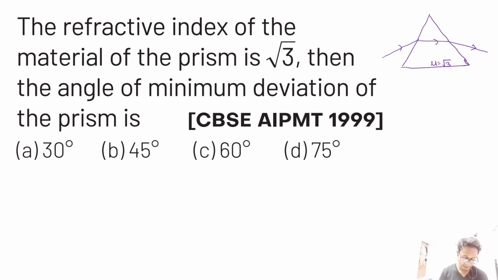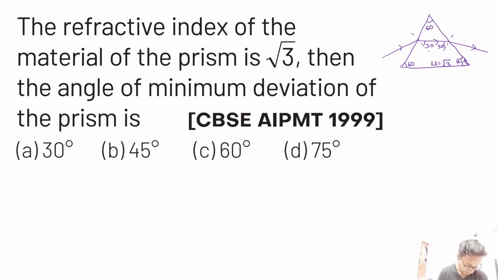Now whenever the prism angle is not given, for a NEET level question, assume the prism to be an equilateral prism, where every angle of the prism is 60 degrees. So here this is 30, this is 30.